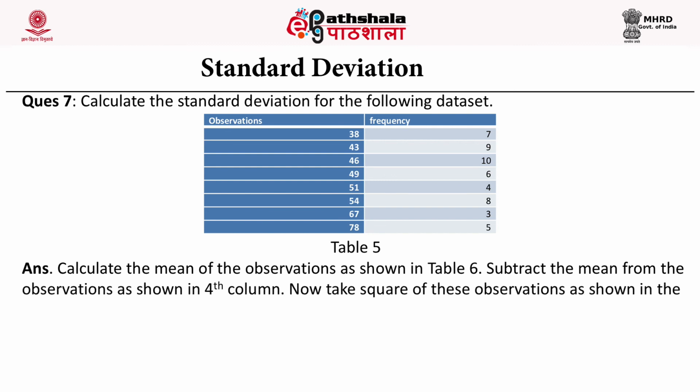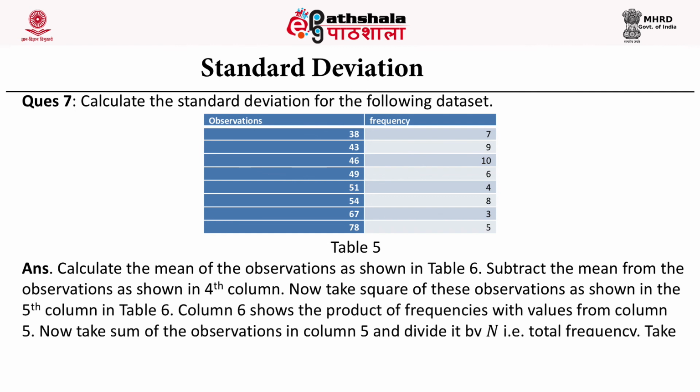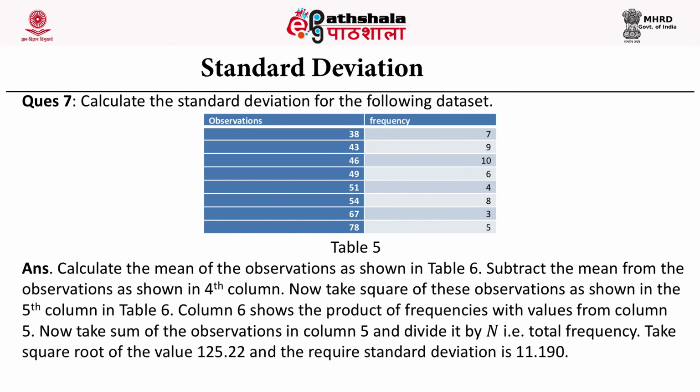Column 6 shows the product of frequencies with the values from column 5. Now take the sum of the values in column 6 and divide it by capital N, that is the total frequency. Take the square root of this value, that is 125.22, and the required standard deviation is 11.190.